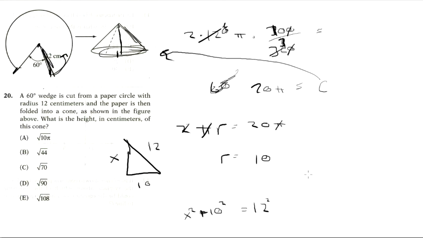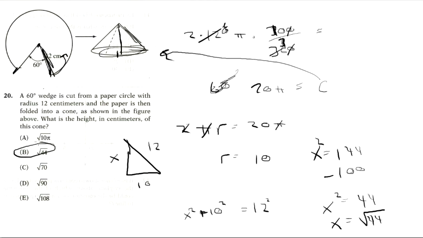Okay, so x squared is going to be 144 minus 100. X squared equals 44, which means that the answer here is square root of 44. This is a tricky problem.